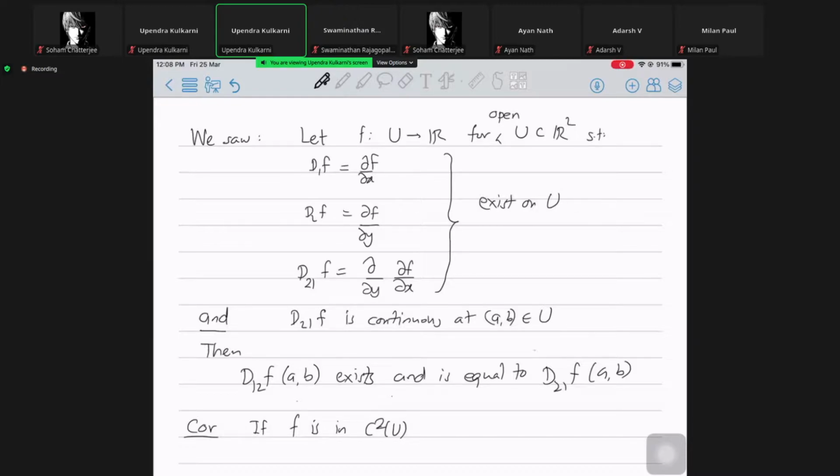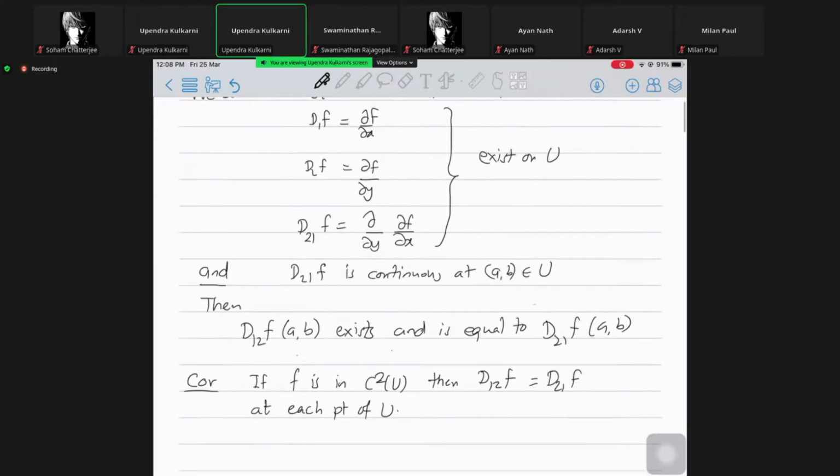And what is the result? Then d12 of f equals d21 of f, not just at any given point, but at each point. Just straightforward.